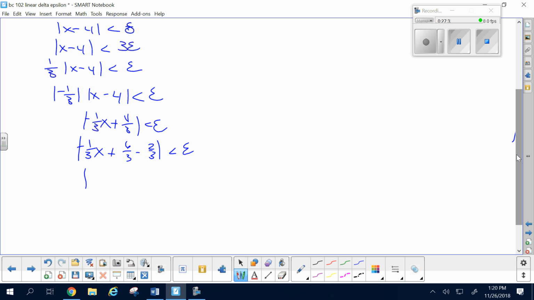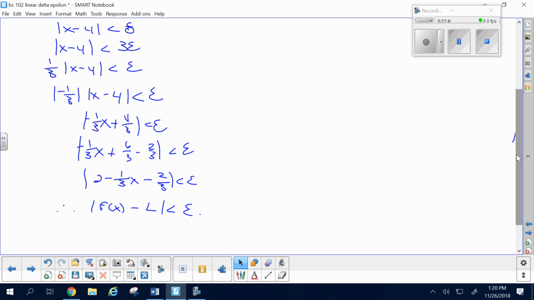Well, I don't know if that step is necessary, I'm just an overachiever, but that is f of x minus L. Therefore, check. How'd that go? Good, okay.